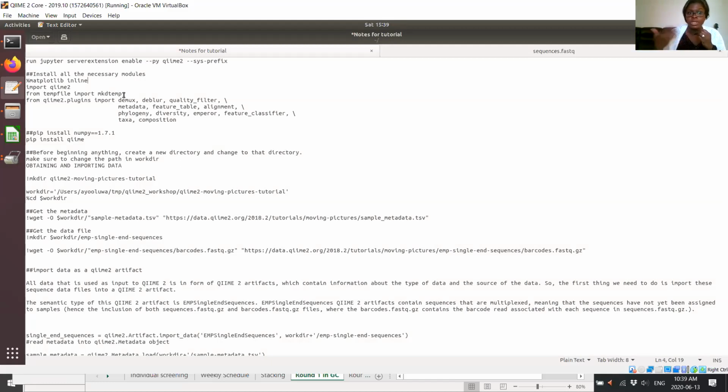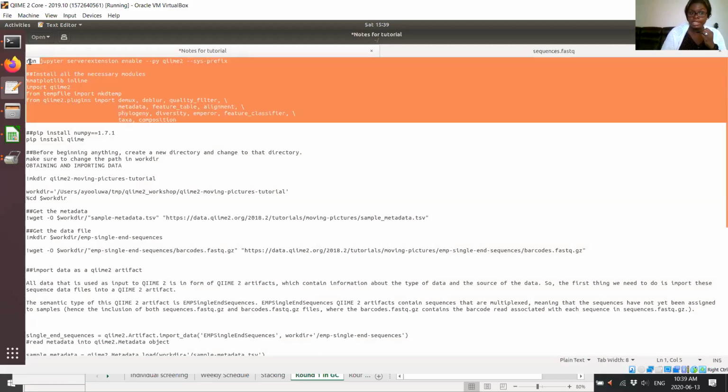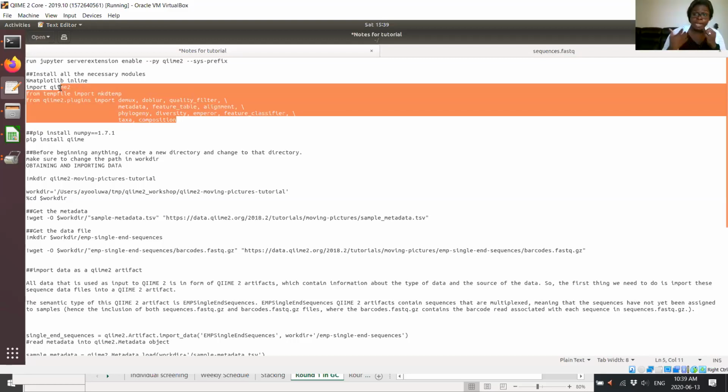People want to use Jupyter, and so I thought it would be nice to show you that you can use notebooks for that. And that's why I included this before I get into the nitty-gritty of things. So yeah, I write script.